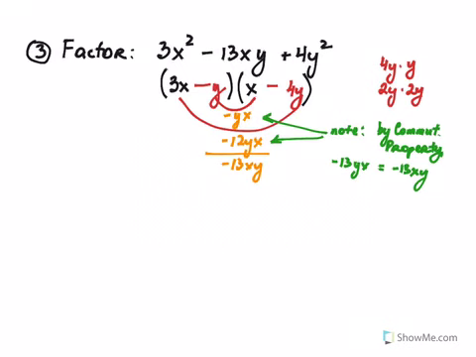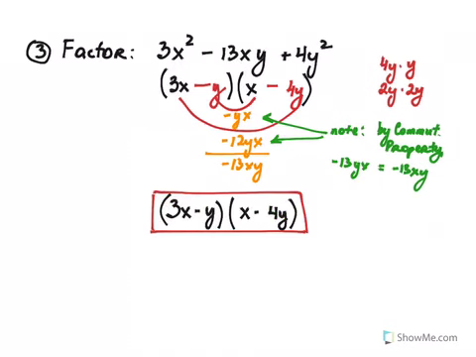A little note: by the commutative property of multiplication, whether I have y first, x next, or x first, y next, makes no difference. The products will be equivalent to each other. Therefore, my final result is 3x minus y multiplied by x minus 4y.